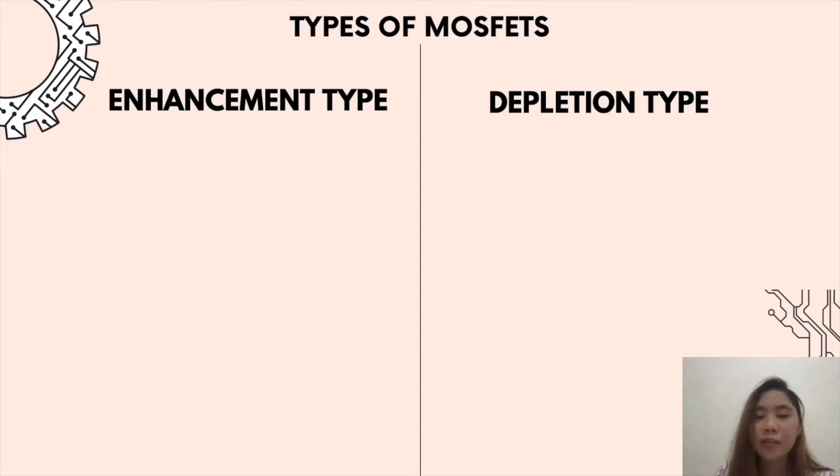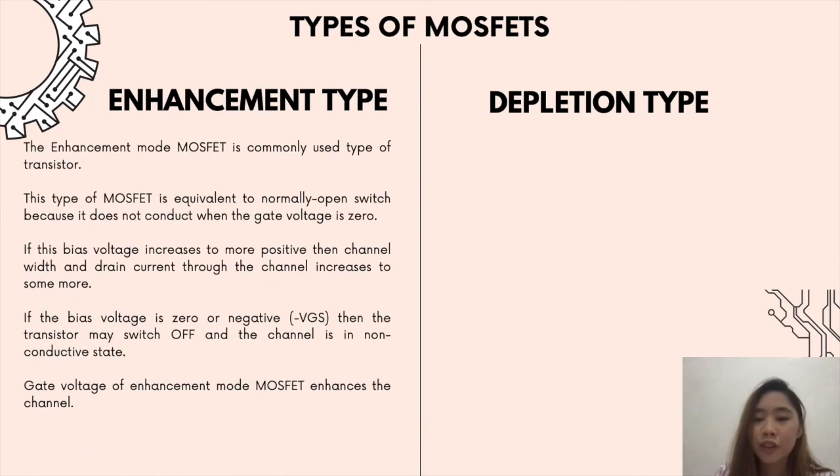There are also types of MOSFETs. First, we have the enhancement type. The enhancement mode of MOSFET is the commonly used type of transistor. This type of MOSFET is equivalent to a normally open switch because it does not conduct when the gate voltage is 0. If a positive voltage is applied to the N-channel gate terminal, then the channel conducts and the drain current flows through the channel.